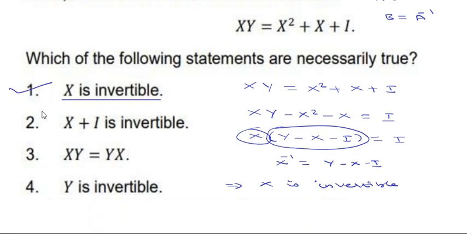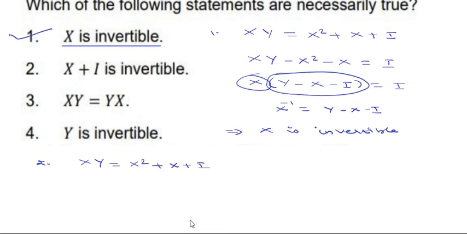So next we will check whether X plus I is invertible or not. This is for option 1 and this is for option 2. We will take the same equation xy equal to x square plus x plus I. So we will take x plus I equal to xy minus x square minus x.